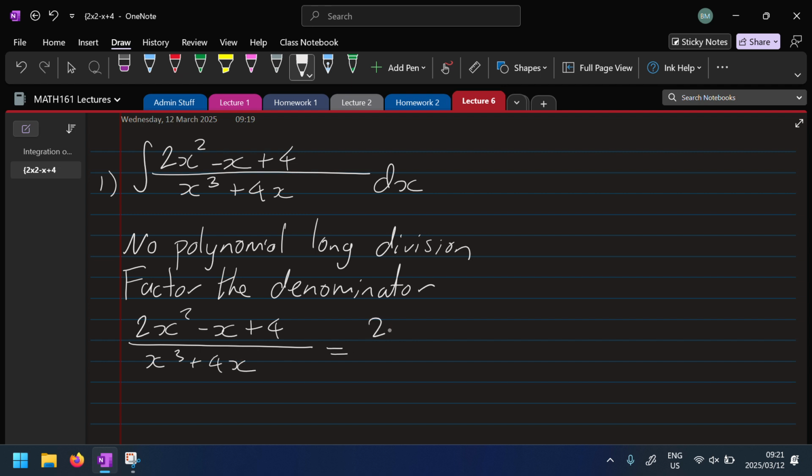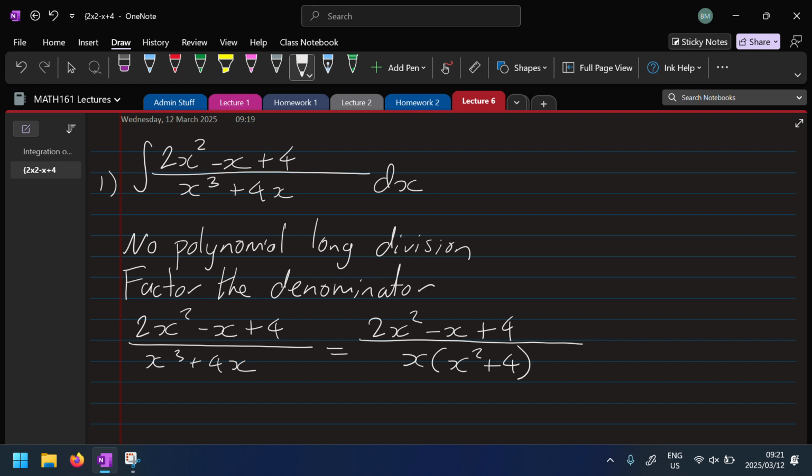We can write this as 2x squared minus x plus 4. Again, the numerator, we're not interested in yet. We will do that later. Okay, the bottom, we can factor. We can take out an x. Okay, that is all the factoring we can do. X squared plus 4, we're stuck with that. We cannot factor any further.